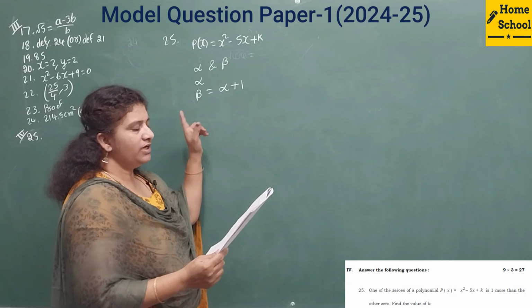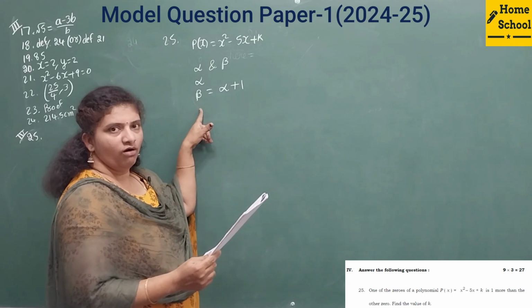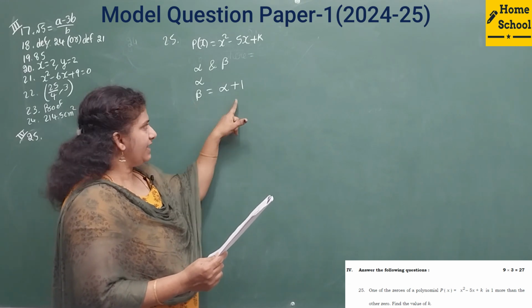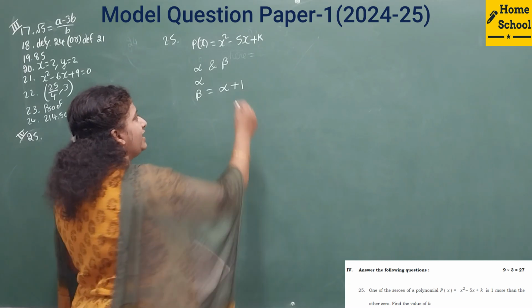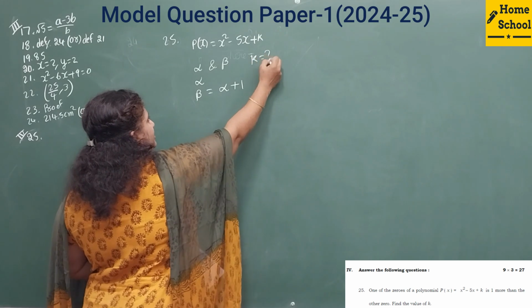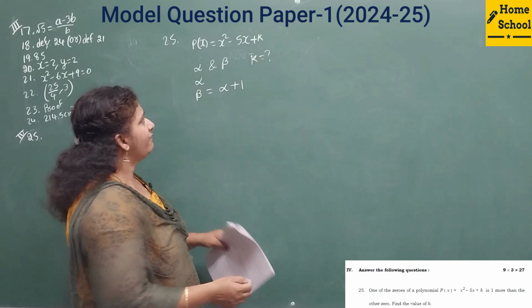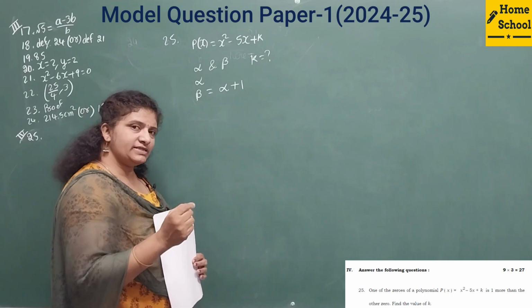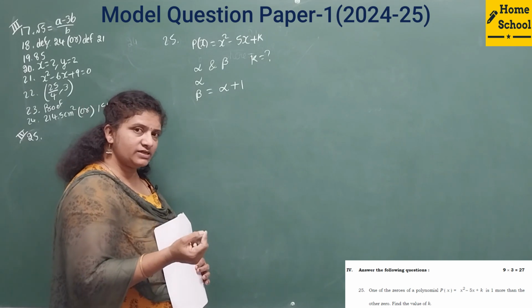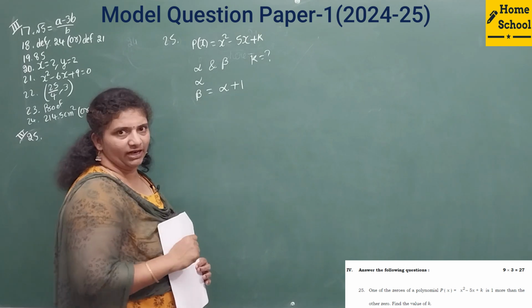Now read the question. Find the value of k is your question. How can I find this? First, we will find sum of the zeros, product of the zeros, then we will find the k value.